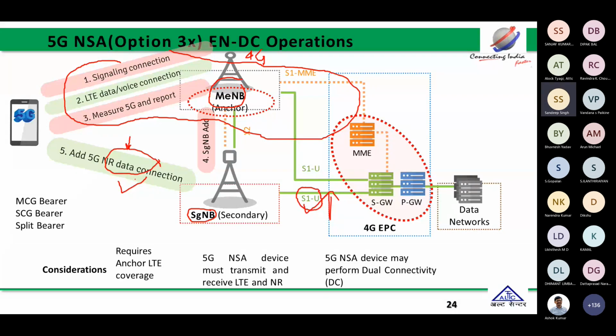This radio bearer is termed as three types of radio bearer. That is the MCG bearer, the master cell group bearer, when the data is moving from the core network, the 4G core network known as the EPC, Evolved Packet Core.